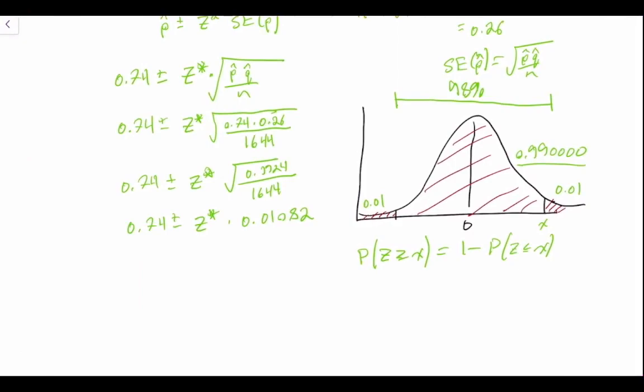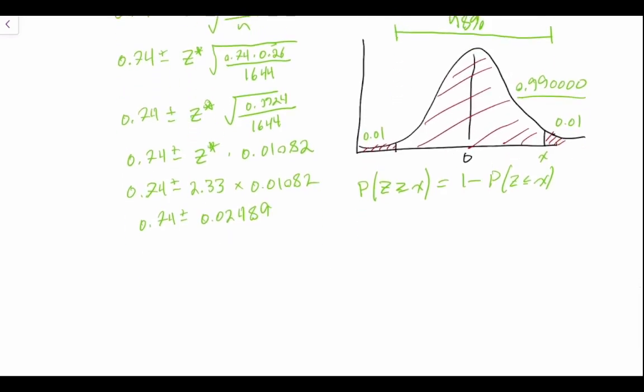So that means 0.74 plus or minus 2.33 times 0.01082. So 2.33 times 0.01082 gives 0.02489, and we'll keep this to 5 decimal points and store this value.